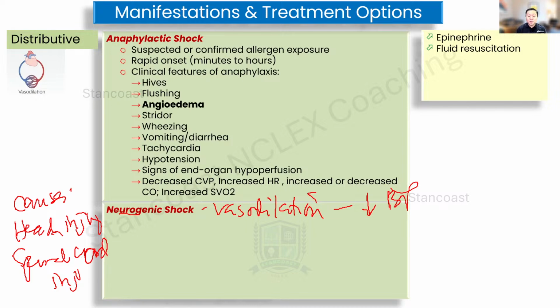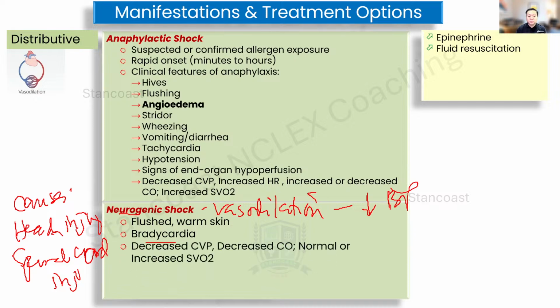All throughout the body, the blood pressure will be low. And again, it can lead to poor perfusion to the body organs. It can also cause a drop in the heart rate. There's going to be flushed, warm skin because of the vasodilation. Heart rate goes down. The central venous pressure will also go down. There is a drop in the cardiac output.